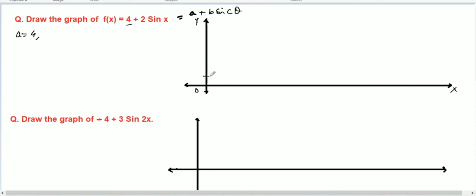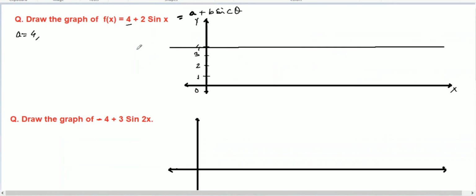Let's find out the midway line first: 1, 2, 3 and 4. So this is your midway line. Now our graph will be drawn from this line.